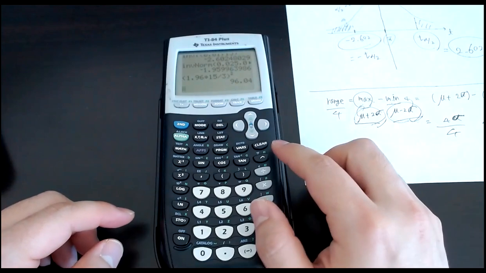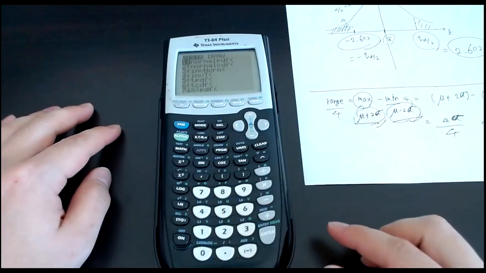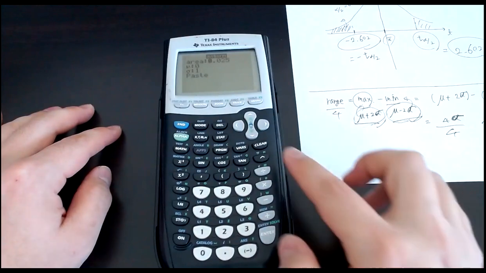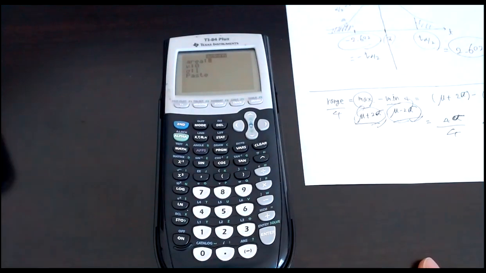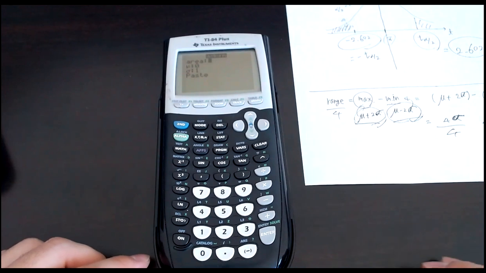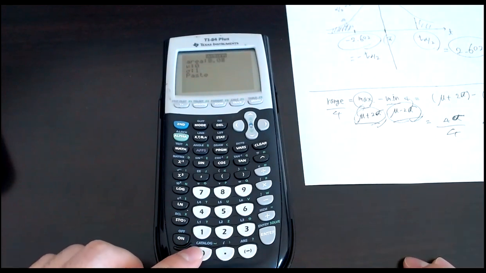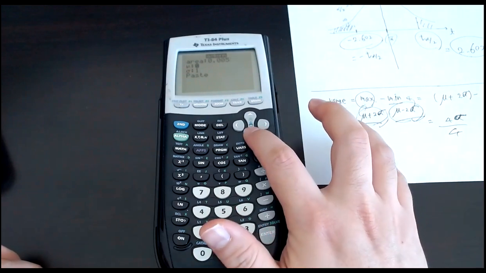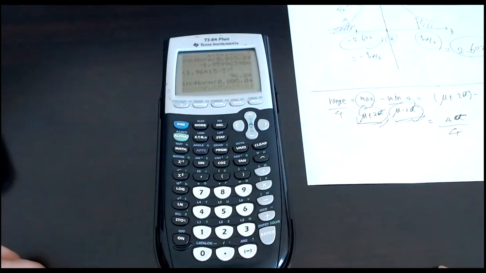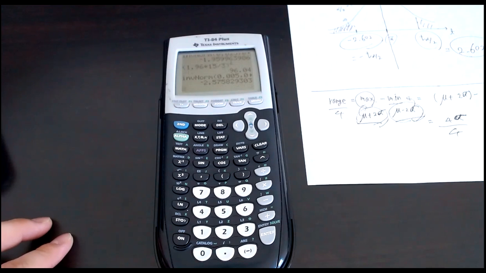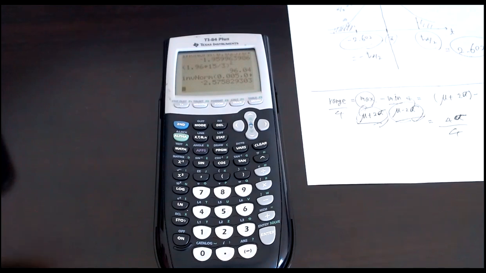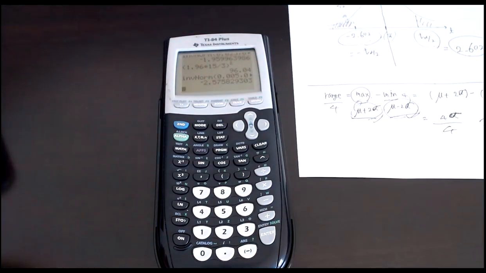We go to the distribution, the inverse norm. Our area must be alpha over 2, which is 0.005. Mu 0, sigma 1, leave it, and then calculate. So we got minus 2.56. That's the negative z sub alpha over 2, so the positive z sub alpha over 2 is going to be 2.56. Back to the slide.